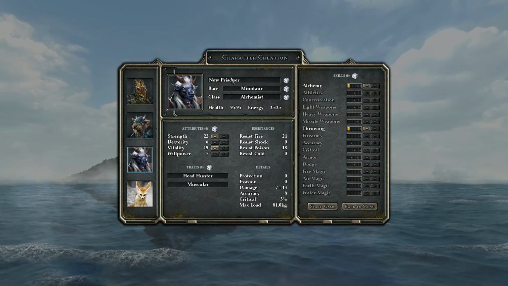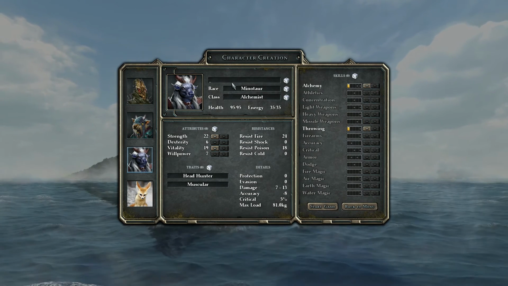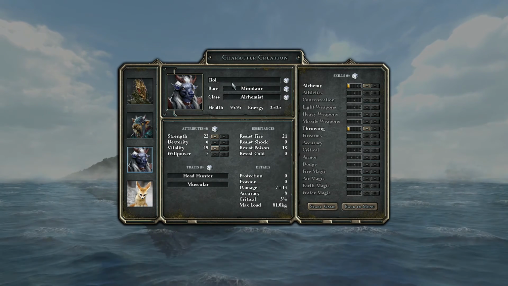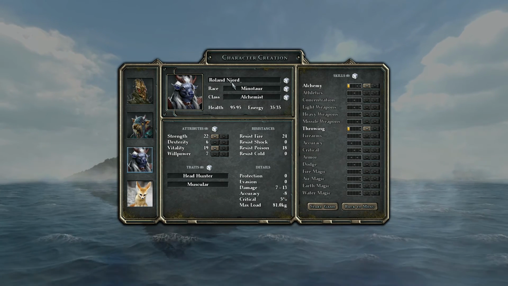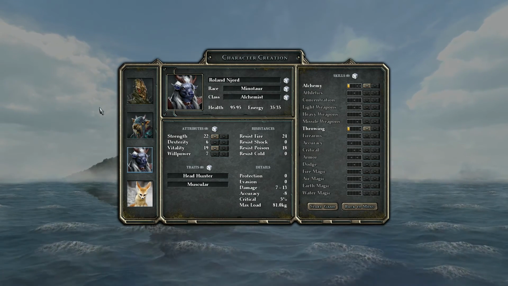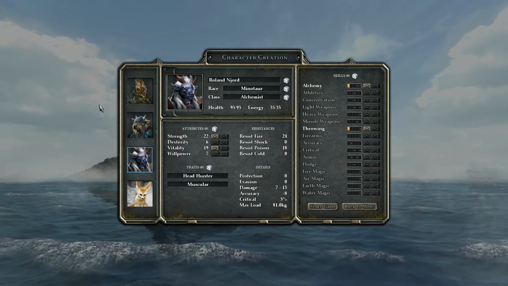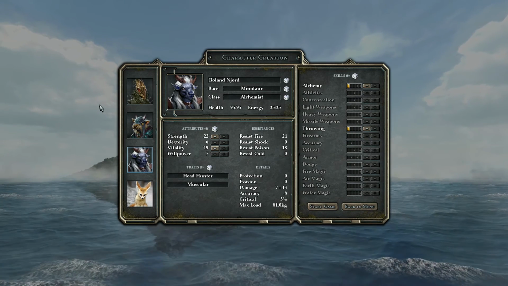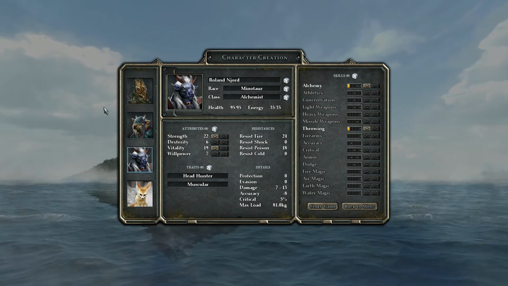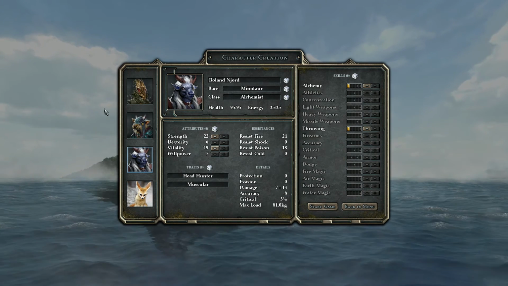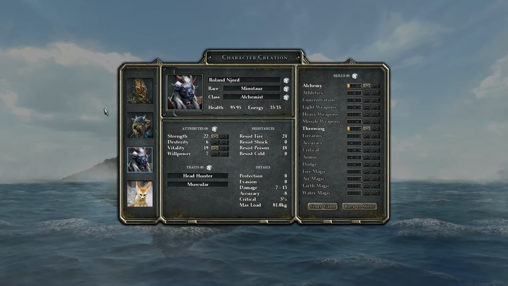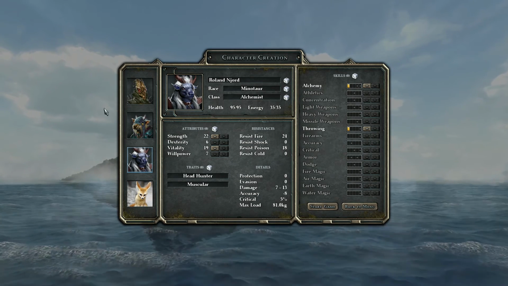Alright, so next up here, we have Roland Njord. Now, Roland, he cares about really two things in this world: plants and killing things with thrown weapons. What he also cares about is being able to stand his ground and wait for the enemy to slowly make their way towards him.